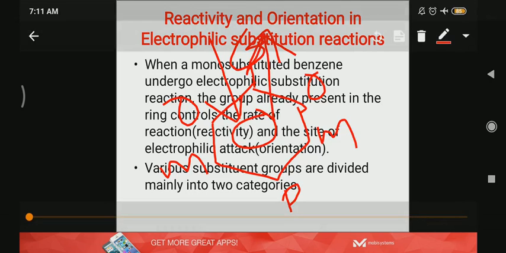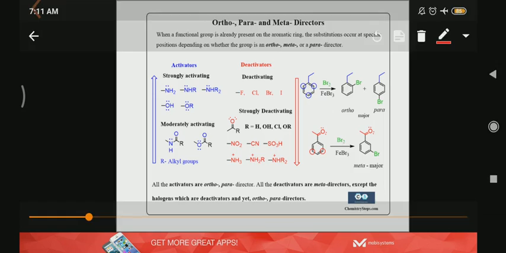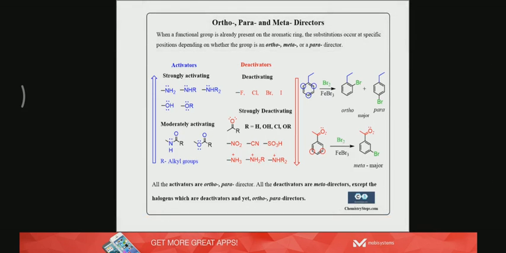We will take different cases. Look at this chart. There are mainly two types of groups. One is activating group and the other is deactivating. The groups coming under activators, you can see strongly activating, moderately activating, and then deactivating groups are there.